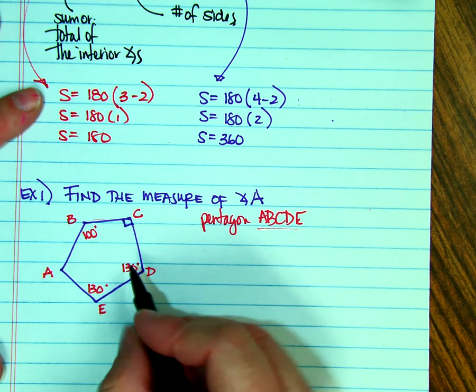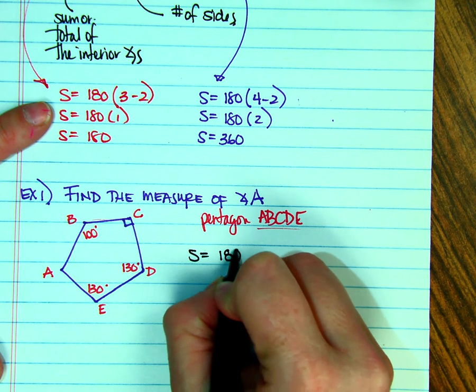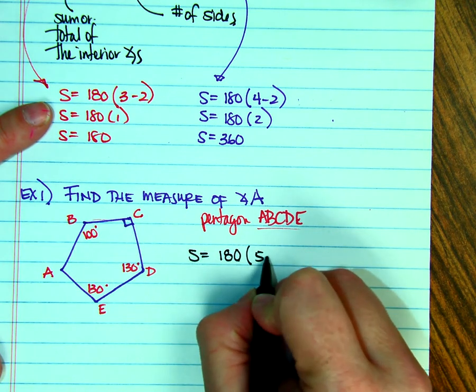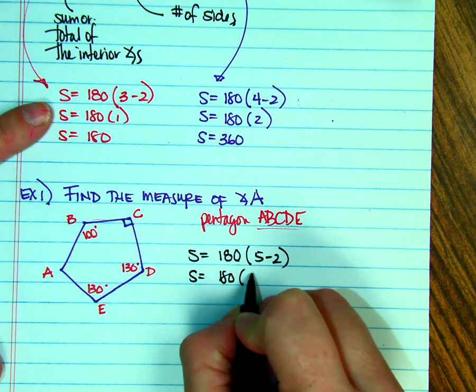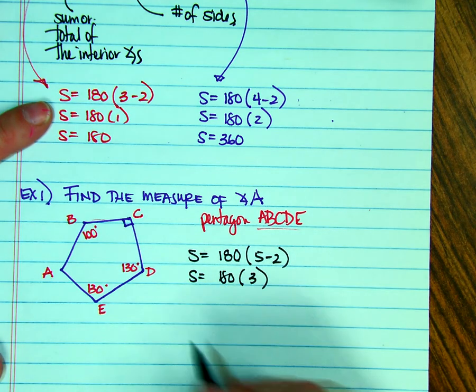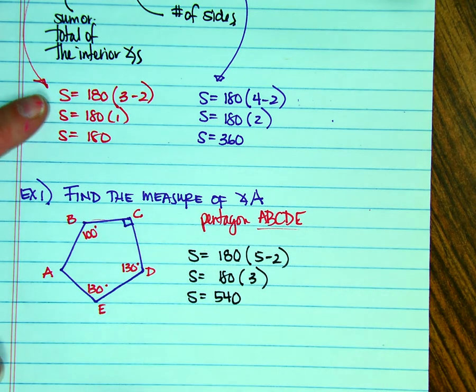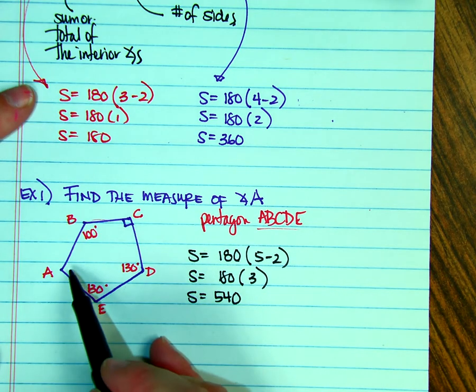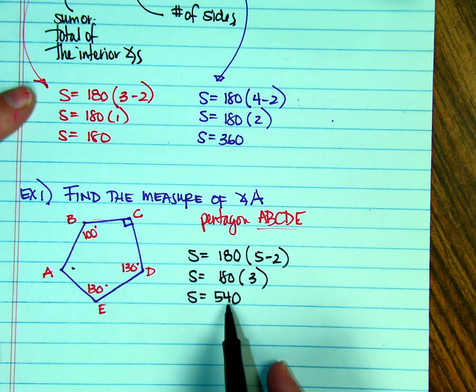So this is a pentagon. So I have 180 times the number of sides is 5. So 5 minus 2 is 3. So that gives me a total of 540. So I know that all of these angles together are going to have to equal 540.